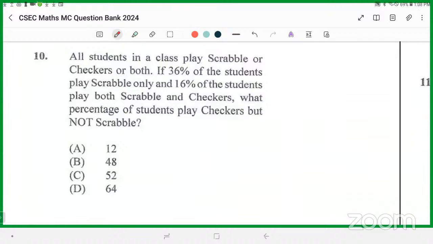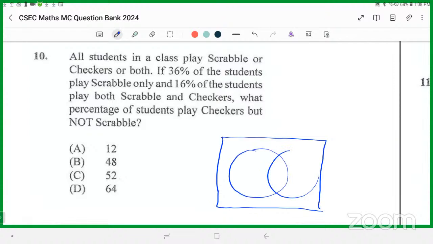So if we were to sketch it out, there's an intersection because they say or both. I want to put S for Scrabble, C for checkers, U for the universal set. And they say all, so there is nobody out here, this is empty.